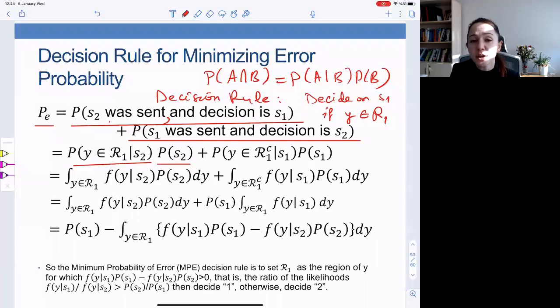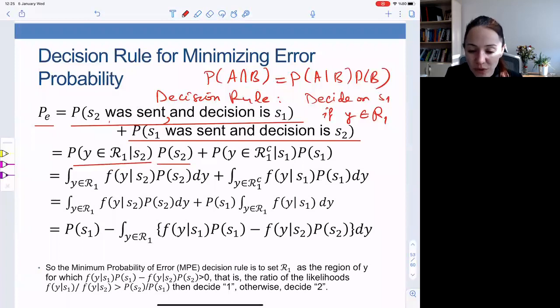Okay, so if you're looking at the matched filter output, according to the value of this output, you would have a certain subset of values over which you would decide on S1, and all the rest you should decide on S2. There is no reason why you would have some set of values where you haven't mapped either to S1 or S2.